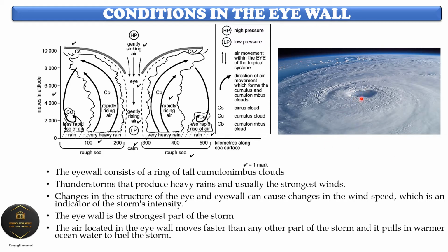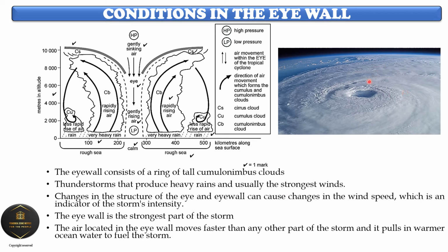And all of us can agree that where there is a hole-like structure, that is the eye of that particular tropical cyclone or hurricane.